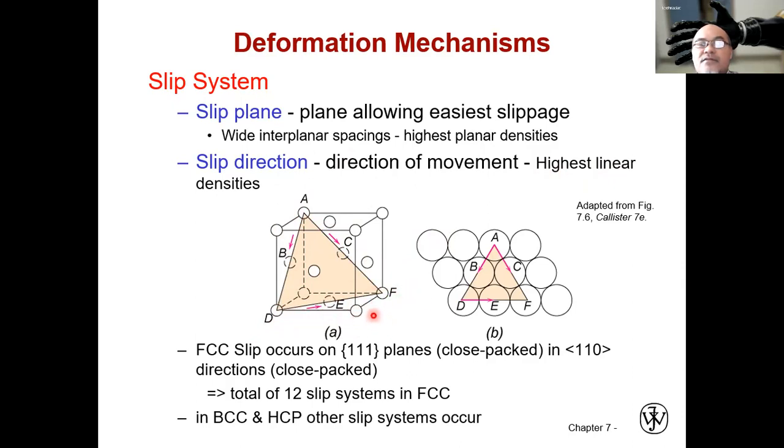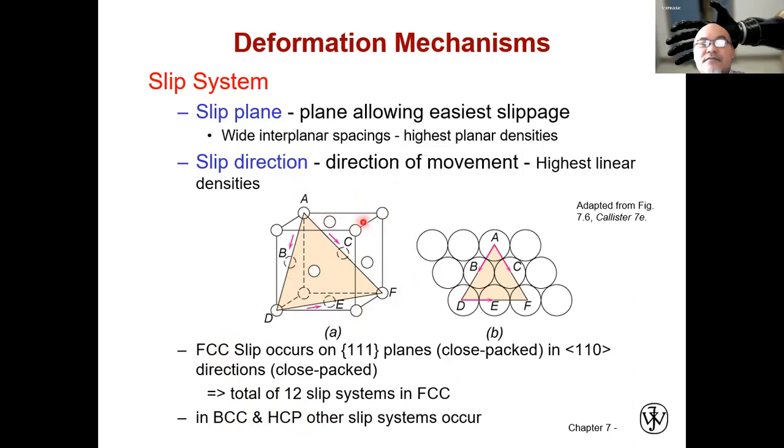In total, you will have 12 slip systems in FCC. In body-centered cubic and hexagonal close-packed crystalline structures, other slip systems will occur. Here you have 111, and you can have 111 here also.